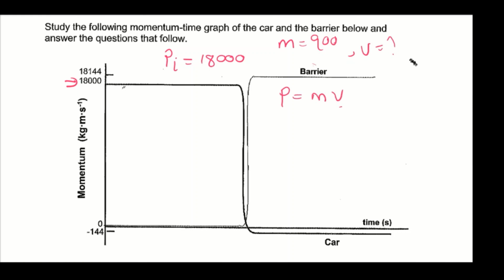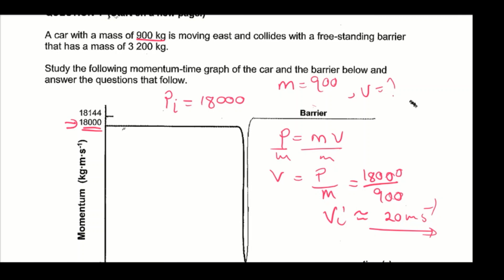Because we want V, we divide by M on both sides, so V equals P over M. The momentum is 18,000 divided by the mass, which is 900, so this gives you a velocity of 20 meters per second, right? So this is the initial velocity of the car.